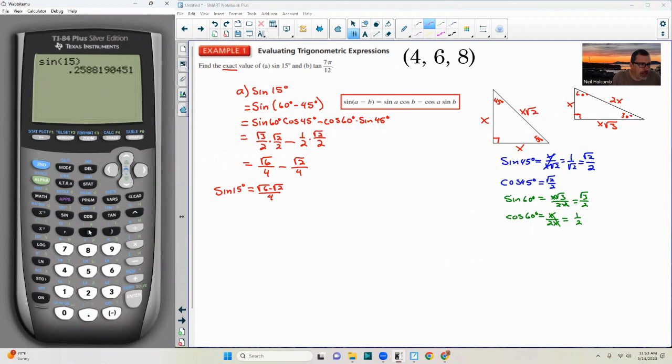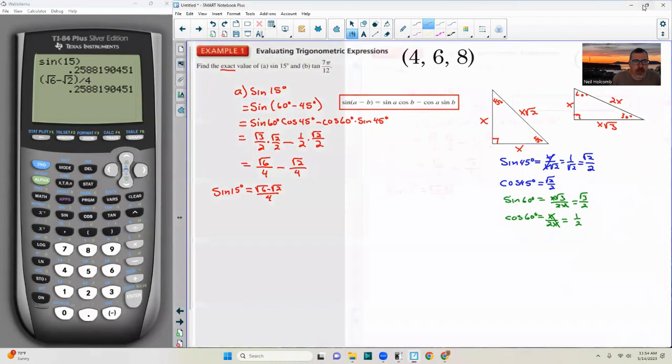Now, if I take the square root of 6 minus the square root of 2, and put that in parentheses for my numerator and divide the whole thing by 4, I got 0.2588190451. So these two decimals are equivalent.